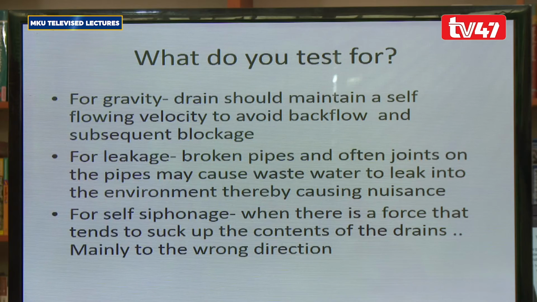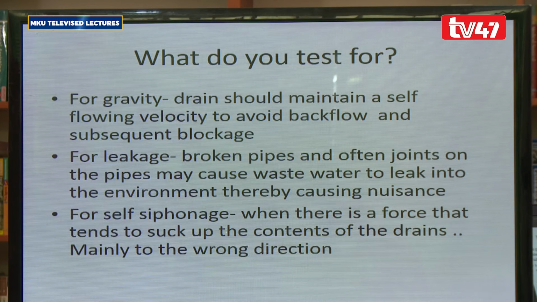So what do you test for when you are conducting drainage testing? You test for gravity. Gravity is very important to ensure that the wastewater in the drain has a self-cleansing velocity, or a free-flowing velocity, to avoid backflow and subsequent blockage.